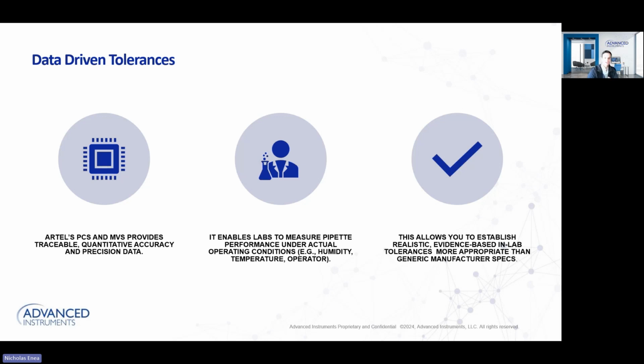The beauty of having a technology like the PCS or MVS or Artel product line is you get to drive that. Early and often you can test them, see when you're starting to notice drift, see what tolerances your liquid handling can hit, and then actually set those. And that's meaningful data that you should be able to hit over and over again and easily be able to write SOPs with that apply to your quality standards and your SOP standards. So data-driven tolerances is one way we could help you.